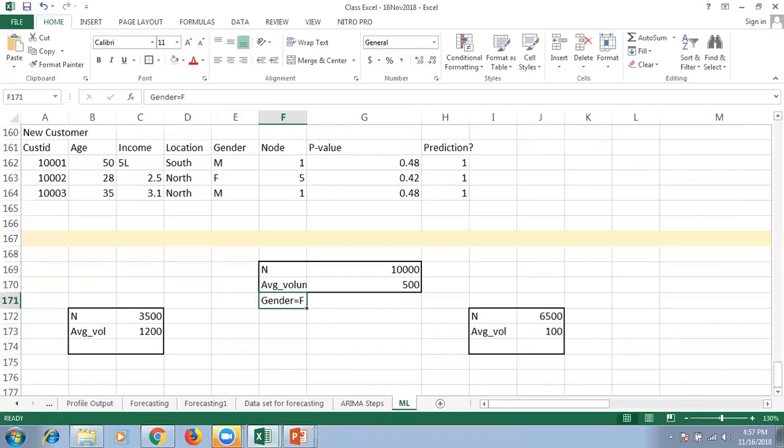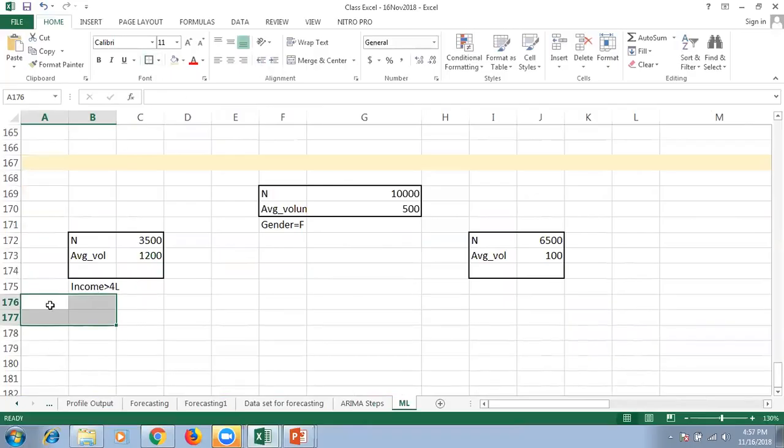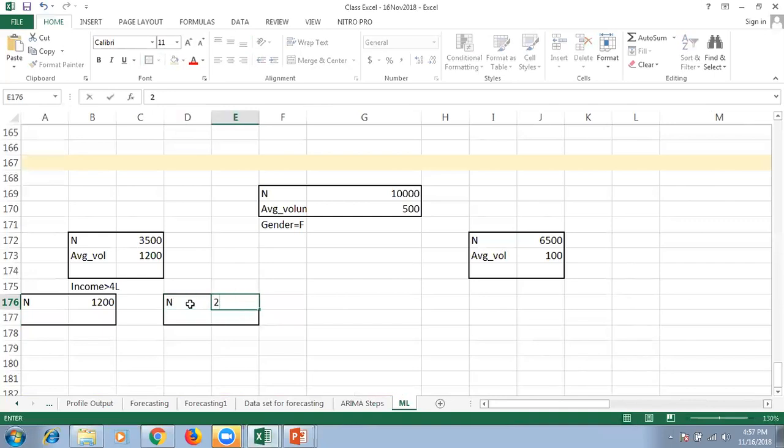Okay, these 3,500 customers are further split. Income is greater than 4 lakhs. So these customers, for example, n equal to 1,200 customers. And these customers, around how many customers you have? n equal to, for example, 2,300, and the average volume they purchased is 2,100, and these guys' average volume is probably 600, suppose.